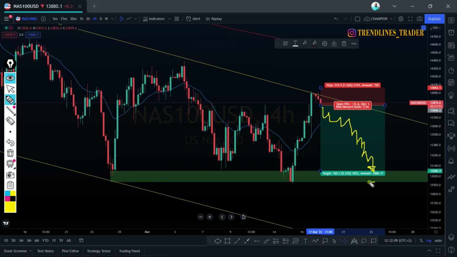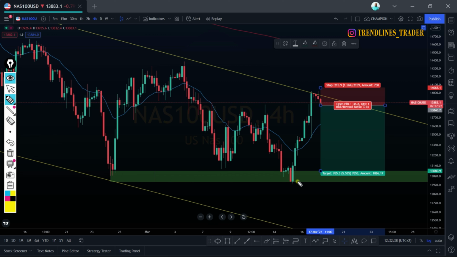I don't want to place my take profit right here, because it might not reach it. As much as you can see previously, the price didn't make a U-turn right at the last previous support, but I will place it just right before this last turning point.